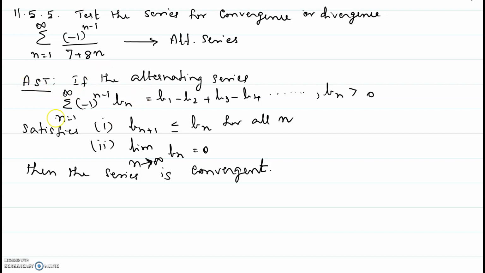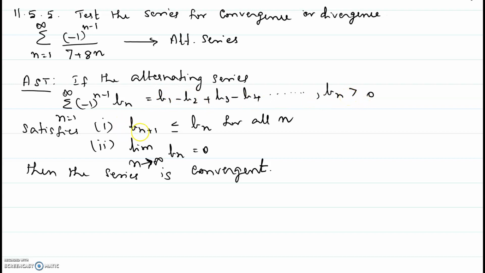So what is the alternating series test? If the alternating series sigma negative 1 to the power of n minus 1 bn, if you expand it as b1 minus b2 plus b3 and so on, where the sign changes alternately from positive to negative, then all the bn's are positive. So without the sign, they are all positive terms.